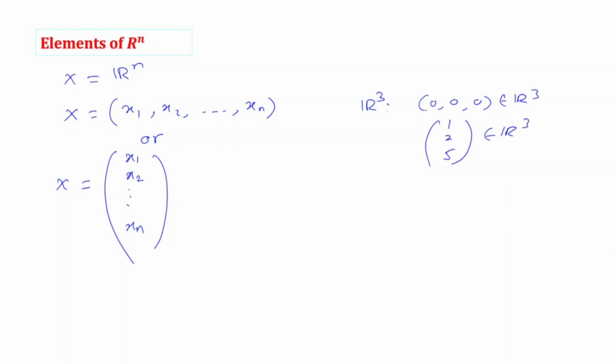For example, (0, 0, 0) belongs to R3, and (1, 2, 5) belongs to R3. (1, 2, 4, 6, 0, 3), you'll see there are 6 entries, so this belongs to R6. Now (1, 1, 1, 1) belongs to R4.